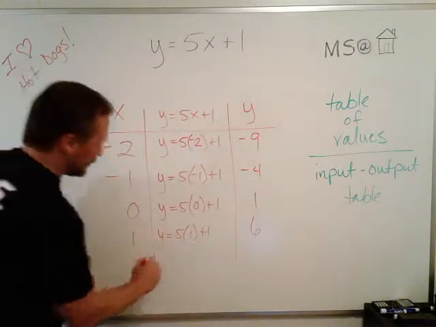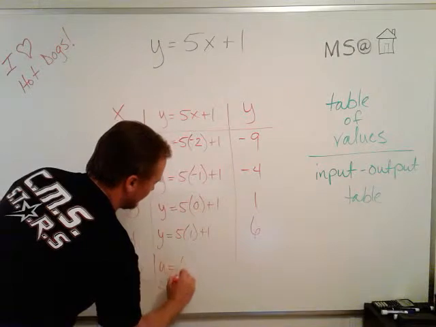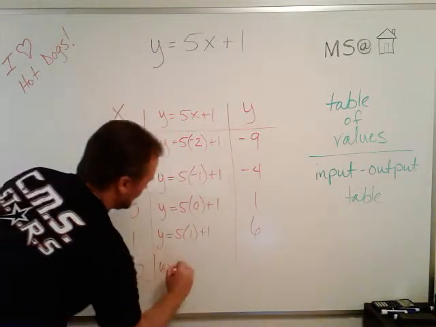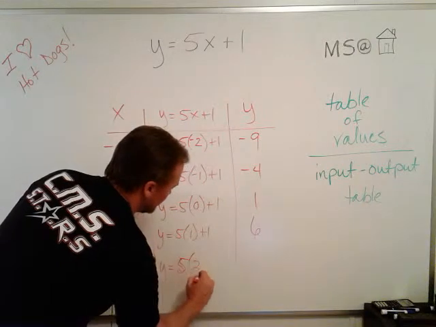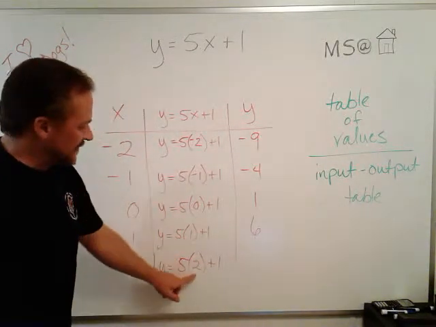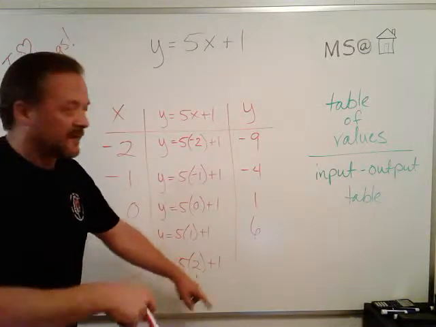And then finally 2. My independent value of 2 goes in here. Everything else is the same. So 5 times 2 is 10 plus 1 is 11.